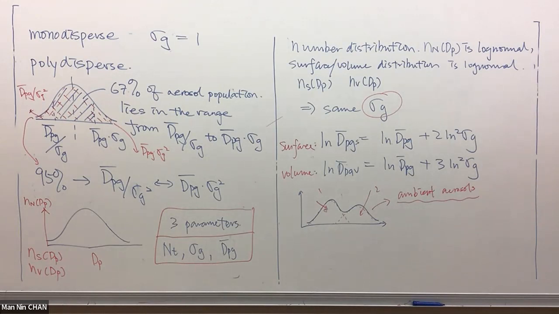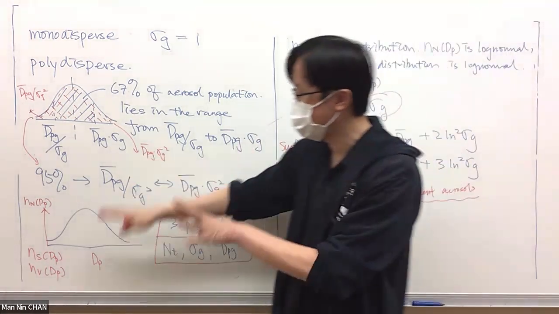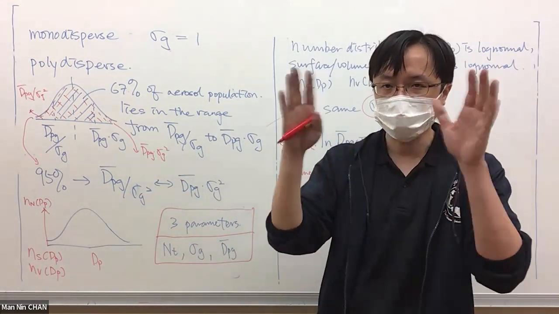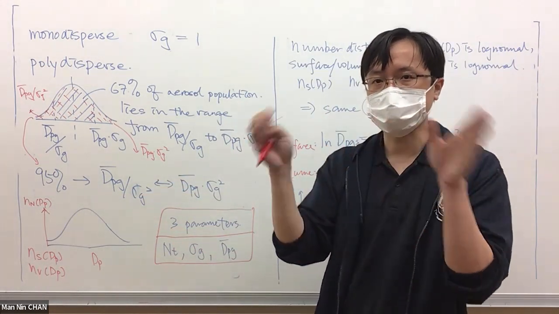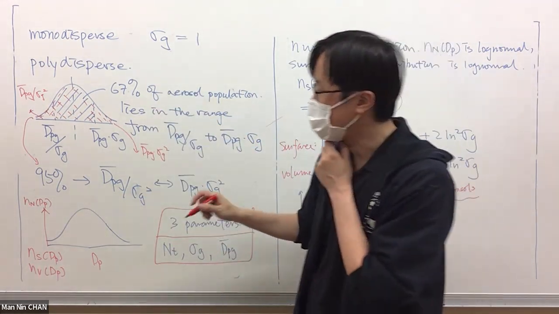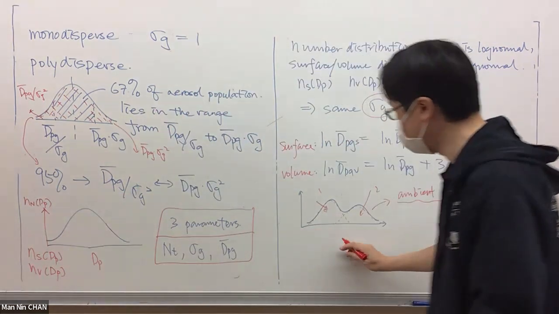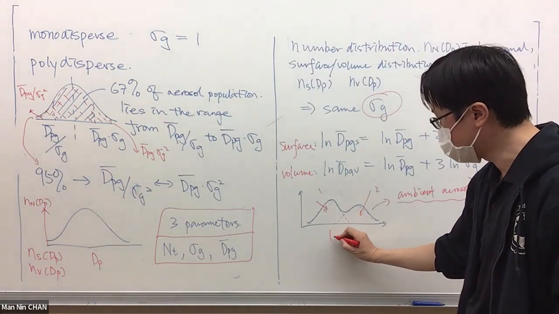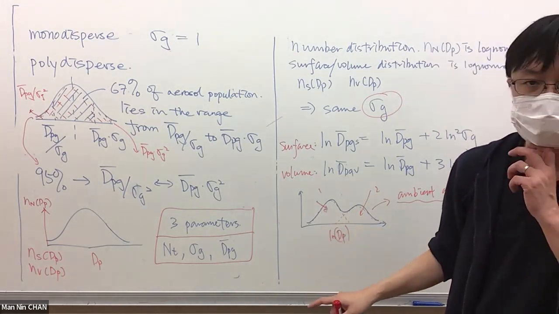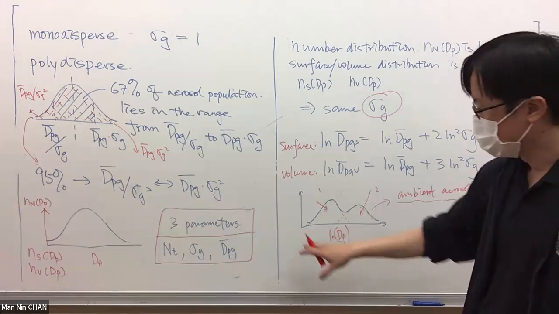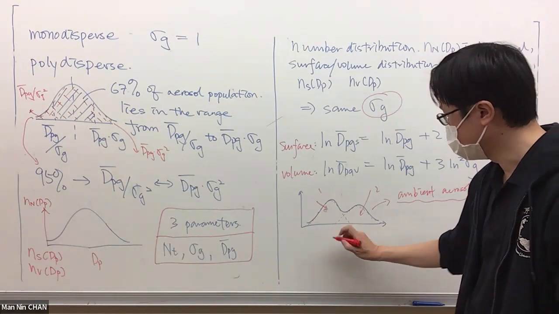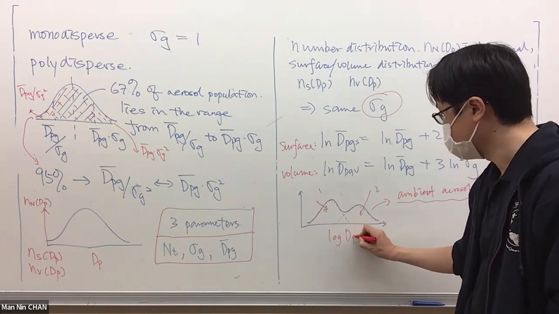Okay, if not, now we have given you some idea about the aerosol size distribution. So now you have the idea that most of the time we can describe this aerosol population using the log normal distribution function. Again, from time to time I want to remind you that when you talk about the aerosol size distribution, your x-axis most of the time is log Dp, with the log scale.